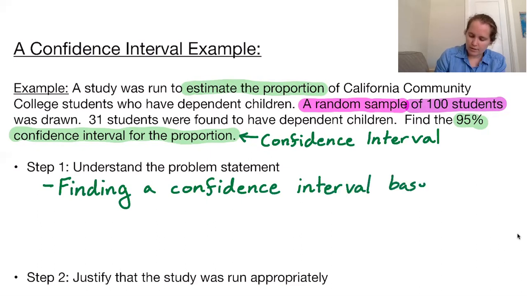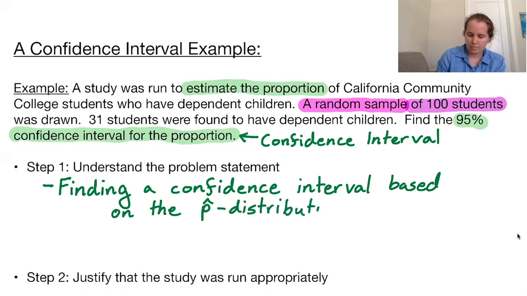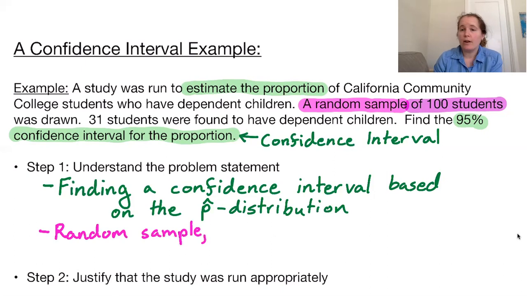It's proportion. We have a random sample, and not only is it random, it is drawn from the whole population.